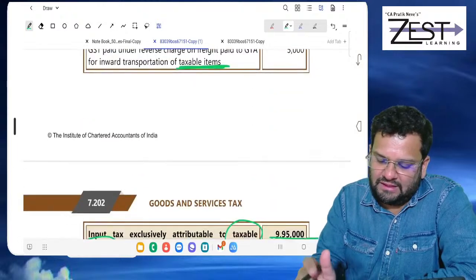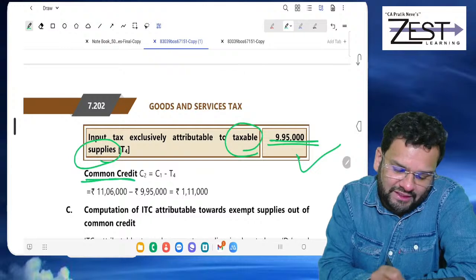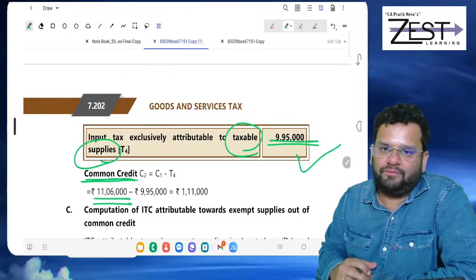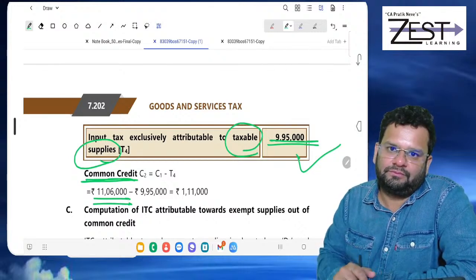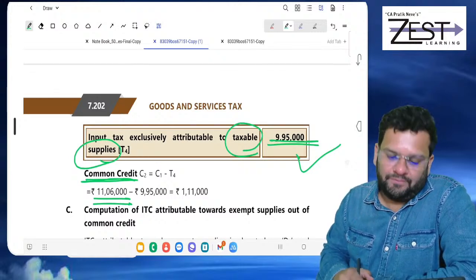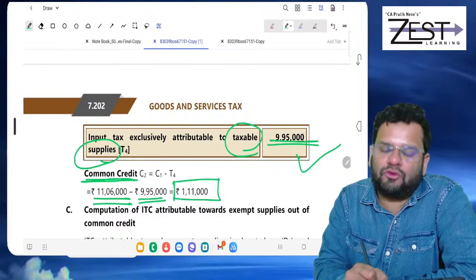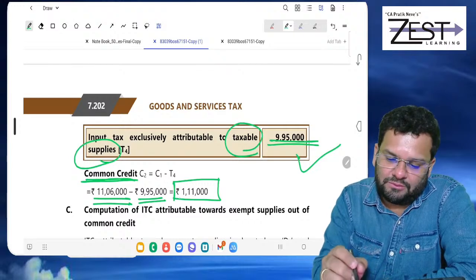Yes, sir. 995 is exclusively for taxable items. Now common credit will be 11 lakh 6,000, that is your ITC credited to e-credit ledger, minus 995. So rest of 1 lakh 11,000 is common credit. Do you agree with me?